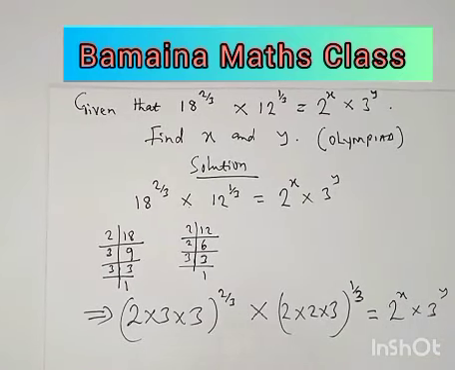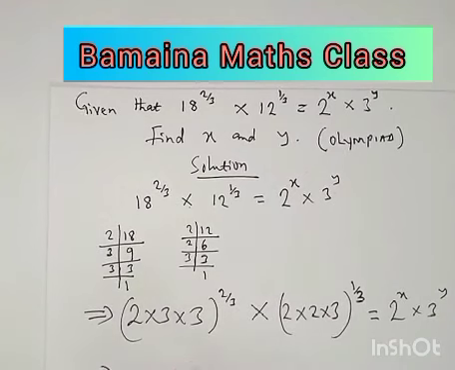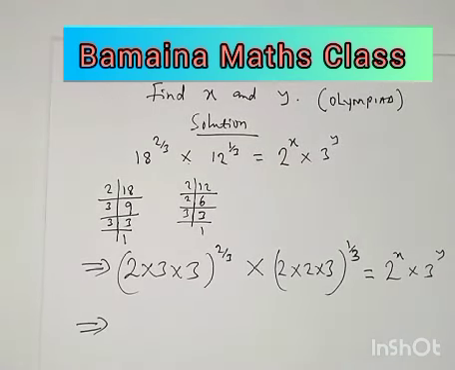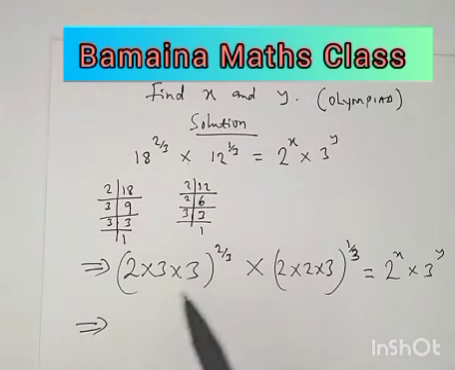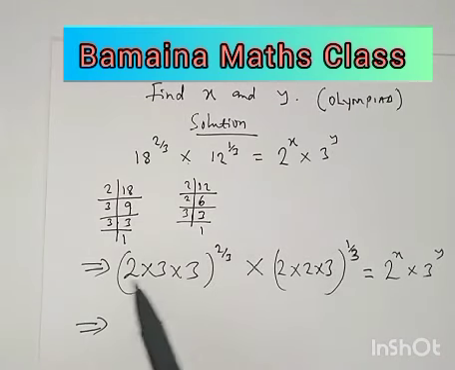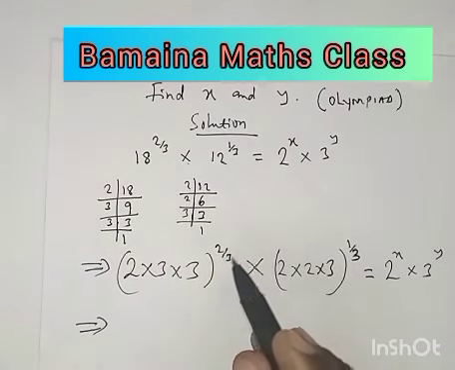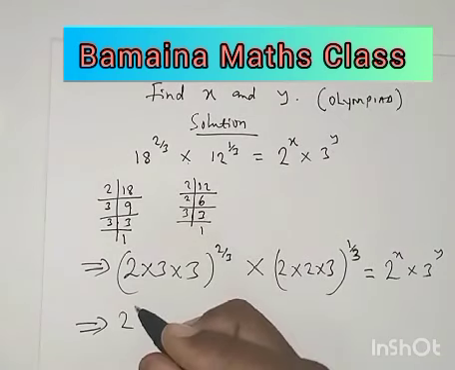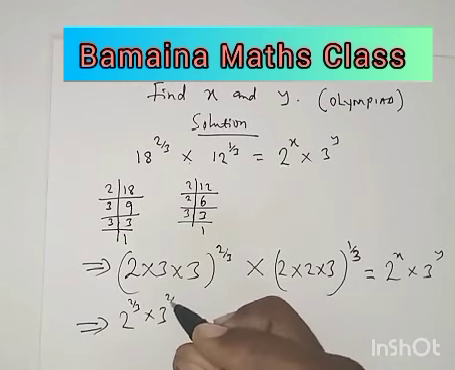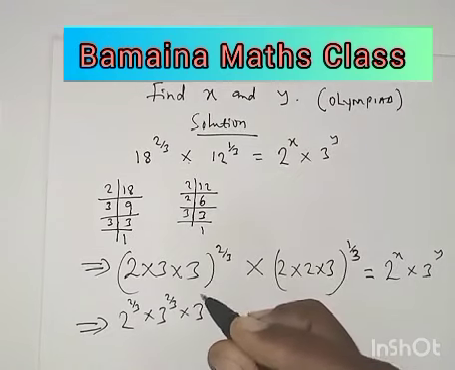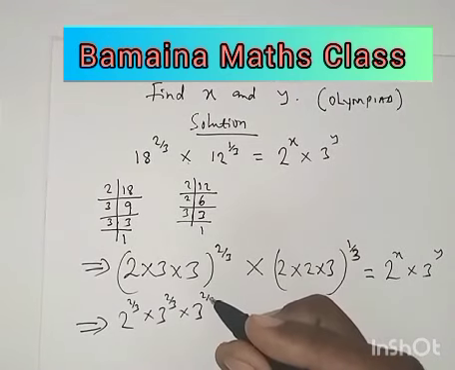Now from there, this power can be distributed. The power is for both 2, 3, and 3. So let us distribute the power. We have 2 power 2 over 3 times 3 power 2 over 3 times 3 power 2 over 3.